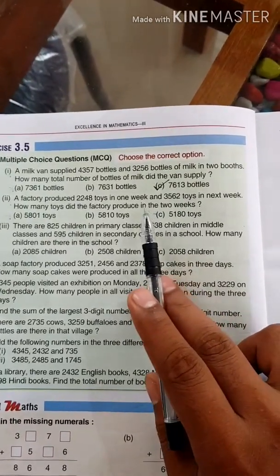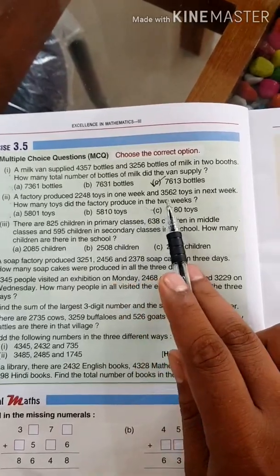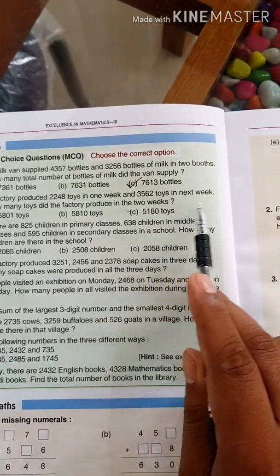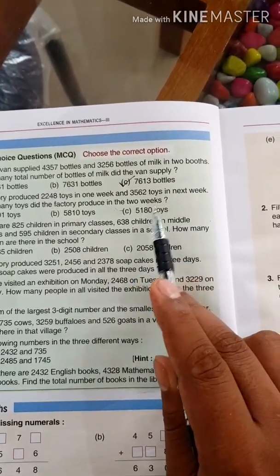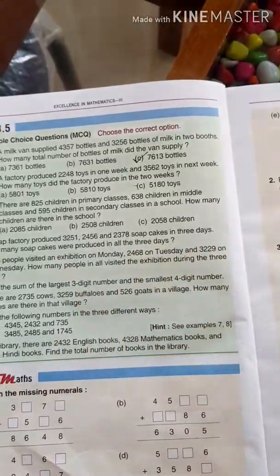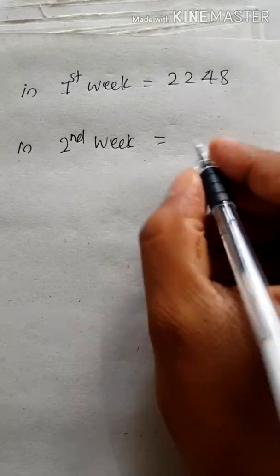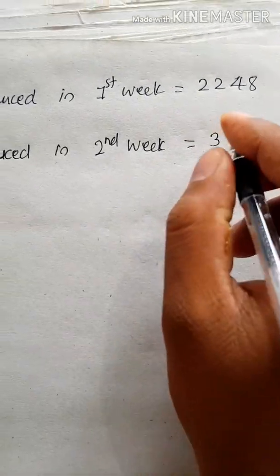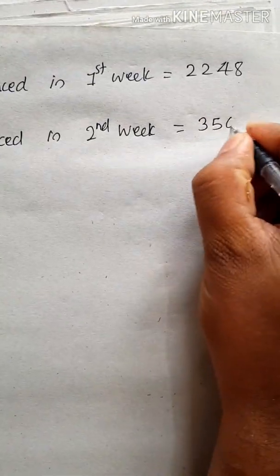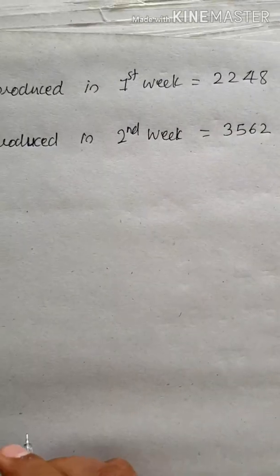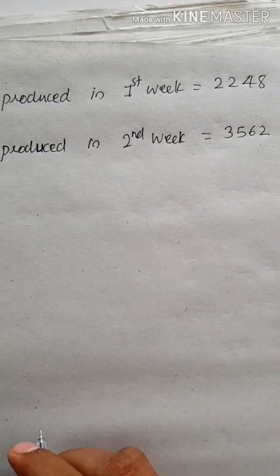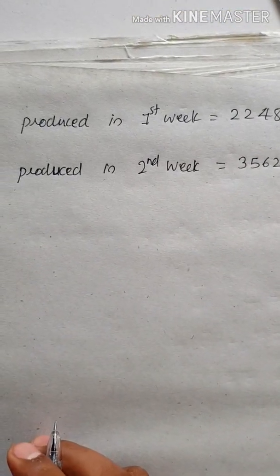Let's read the second line again. And 3,562 toys in next week. That means second week. So toys produced in second week is equal to 3,562. So question is that how many toys did the factory produce in the 2 weeks?